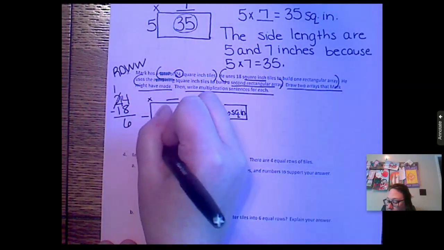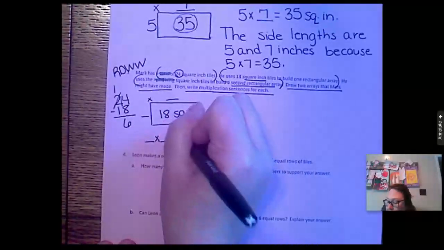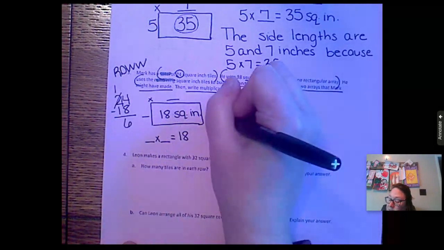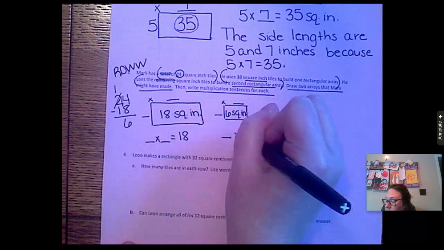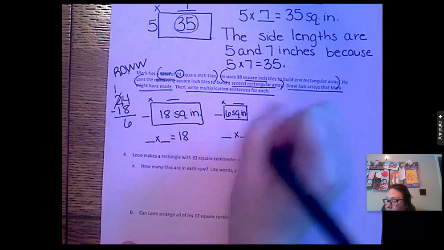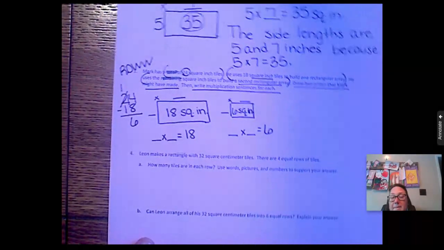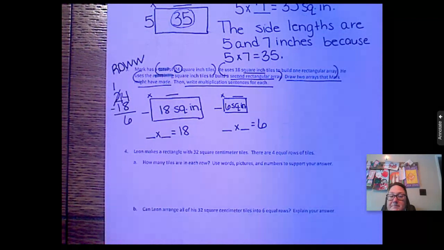So blank times blank equals 18. And same thing for this one. So what times what equals 6. Blank times blank equals 6. I know the area of both, but I need to find what numbers when I multiply together would equal those areas. So if you want to pause it and see if you can figure out what those would be, that would be great.